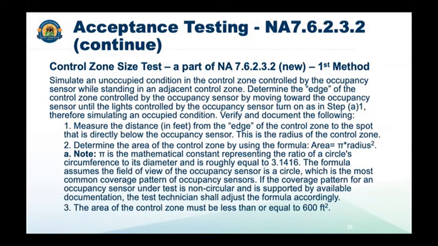And then next, the control zone size test. This is to confirm the control zone size does not exceed the 600 square feet control zone criteria. And 2 methods are proposed here, and either method is acceptable. So method 1 is about taking some measurements and some simple calculations of the detection coverage of the occupancy sensor.